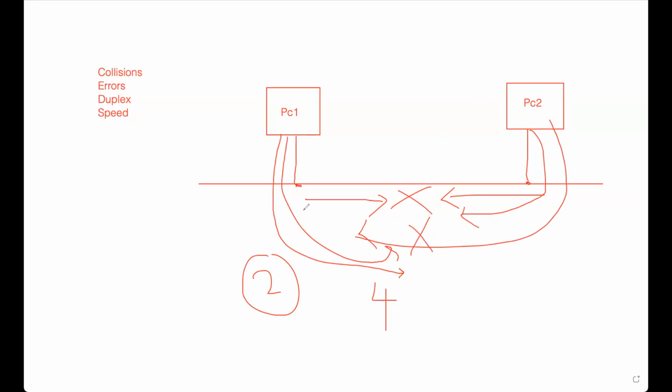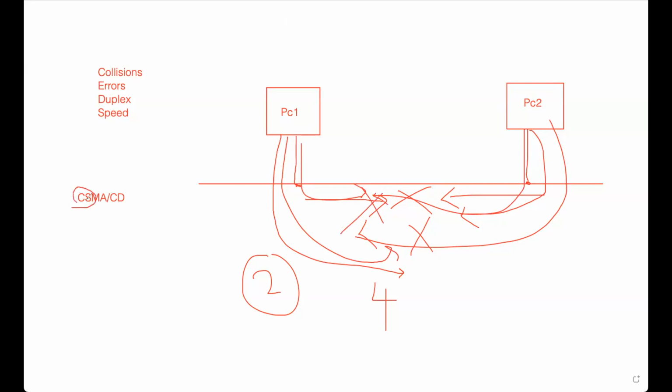It is called carrier sense multiple access collision detection, meaning, let's write it down, CSMA/CD, which is a collision detection mechanism where if PC1 tries to send the data first, and for example it collides with PC2, it senses there is a collision, right?